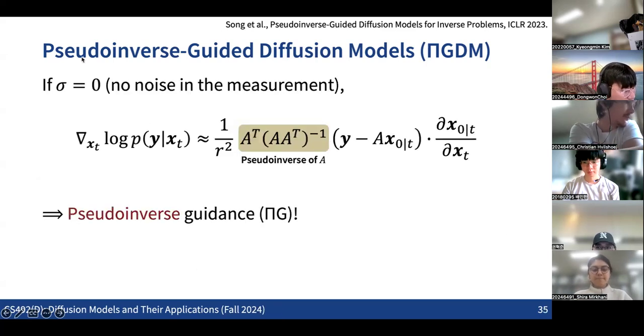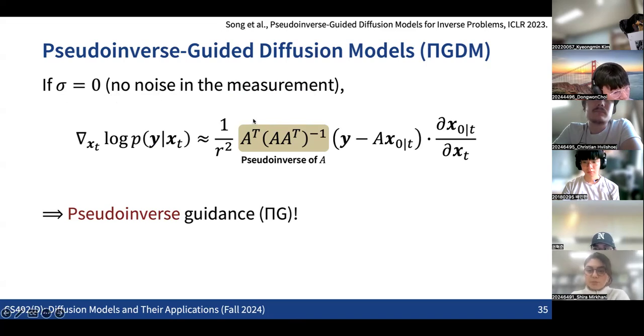And this technique is called pseudo-inverse guided diffusion models, because if we think about the special case that there is no corruption in our measurement, for example in many cases like super resolution or image inpainting, we can assume that there is no noise in the measurement.